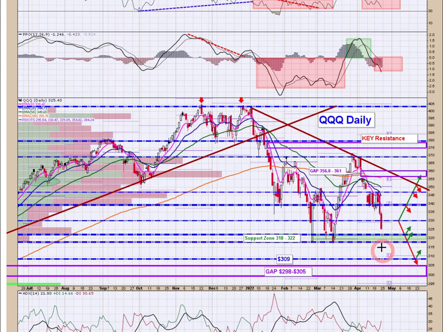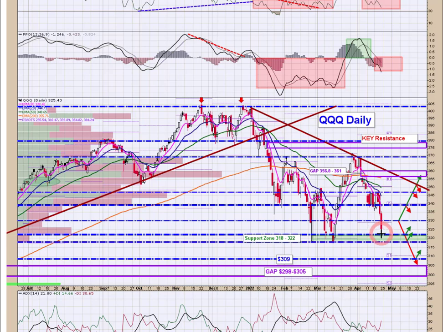If we were to go down 9 points tomorrow, we would be below this support zone here, and then that would open up a bigger move towards a level down here at 309, and then you've got this gap that remains open between 298 and 305.